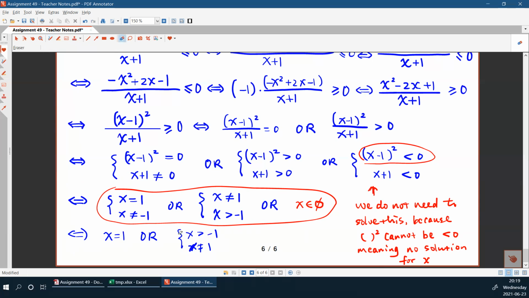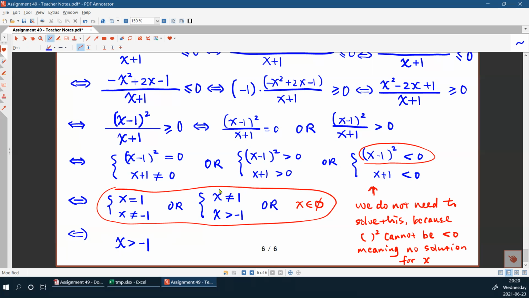So what is the combined result? The combined result is x is above -1, right?